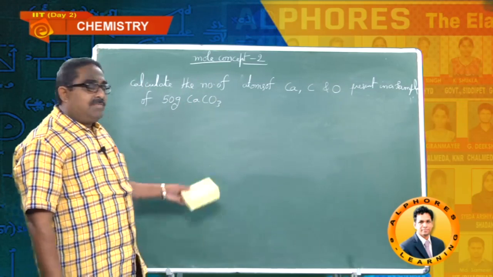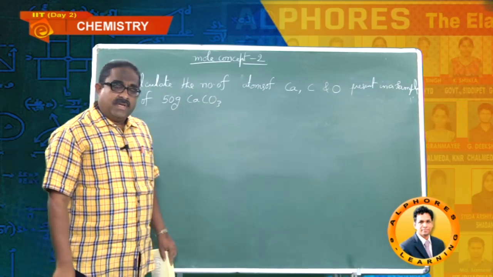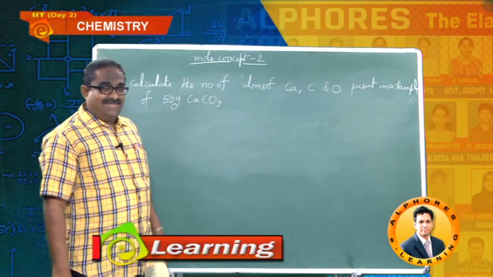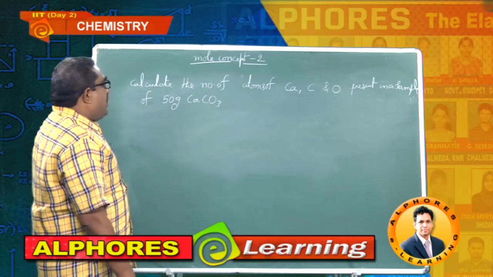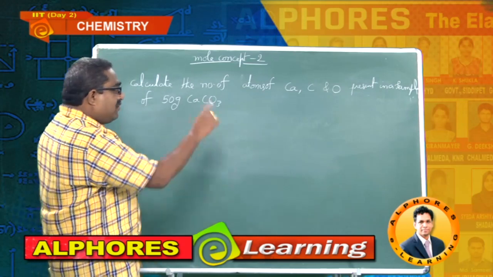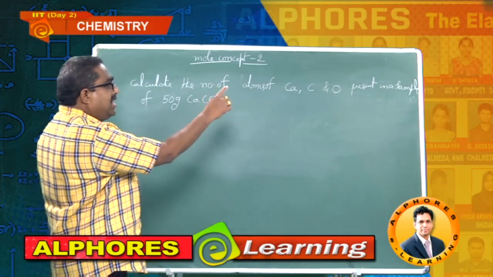Limestone is nothing but calcium carbonate. So the substance I have given is limestone, and I am asking you to calculate the number of atoms of calcium, carbon and oxygen.